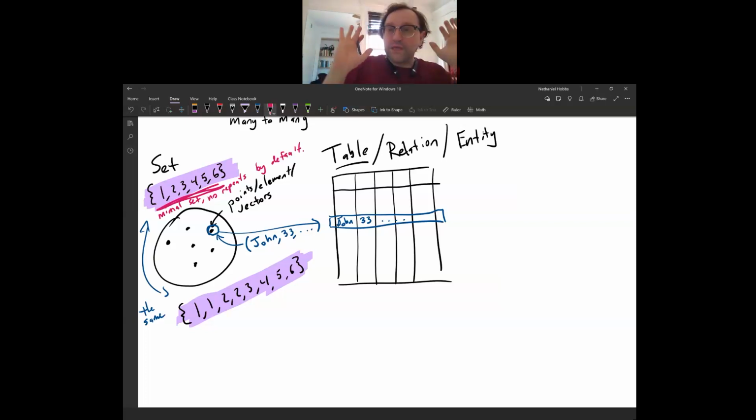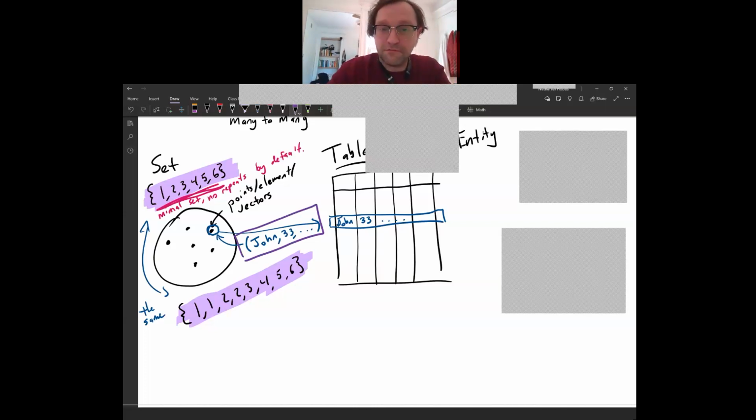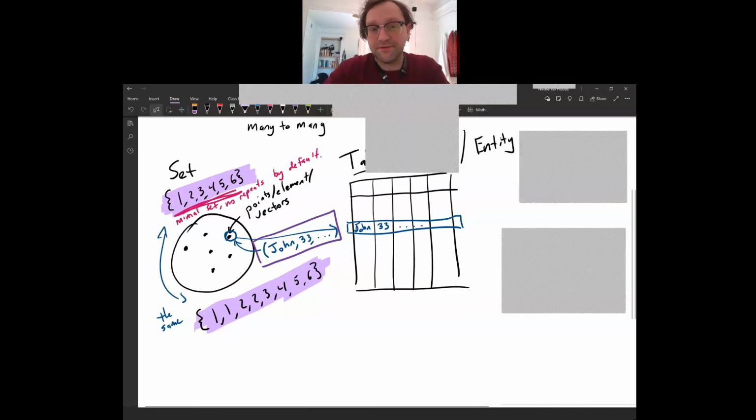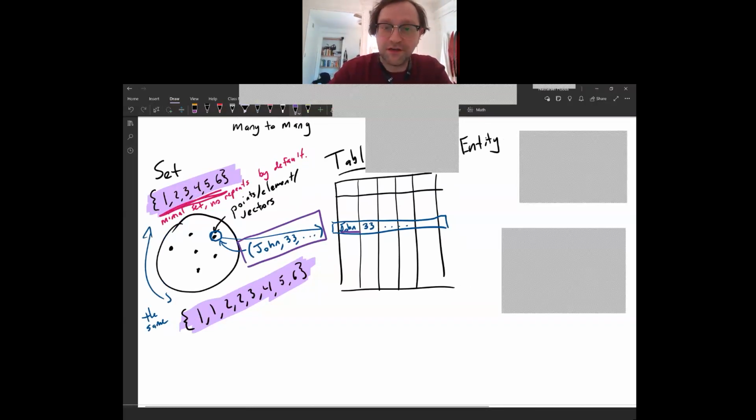Now, because each of these points in the set, like this one, is just a vector that has one dimension John, and then the next is like an X dimension and a Y dimension.